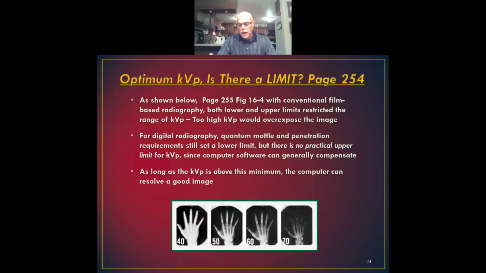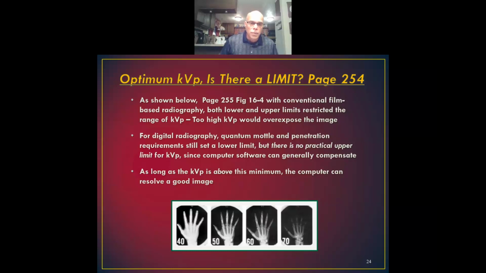It says we will define optimal KVP as a level of KVP well above the minimum required to sufficiently penetrate, which strikes an appropriate balance between saving patient exposure and preventing excessive scatter radiation.